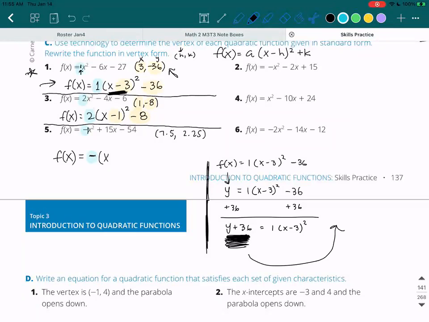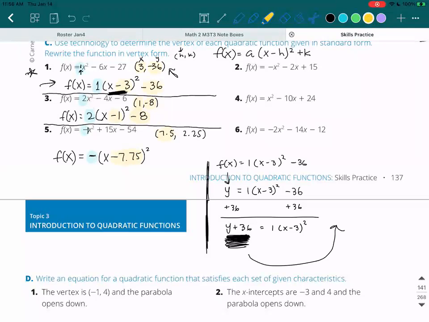Then you have x minus this number, 7.5, and then close parentheses and don't forget to square it. It is a minus 7.5 because we had a positive 7.5.